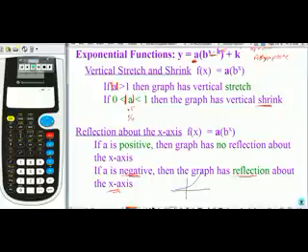If I have a negative reflection, it's going to reflect over the x-axis, and it's going to go down something like that. So that's what reflection over the x-axis looks like for a growth function. If a is positive, then there is no reflection about the x-axis. So the one to remember here, if a is negative, you reflect over the x-axis.